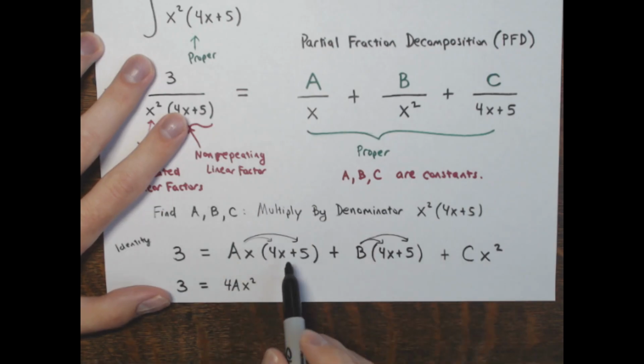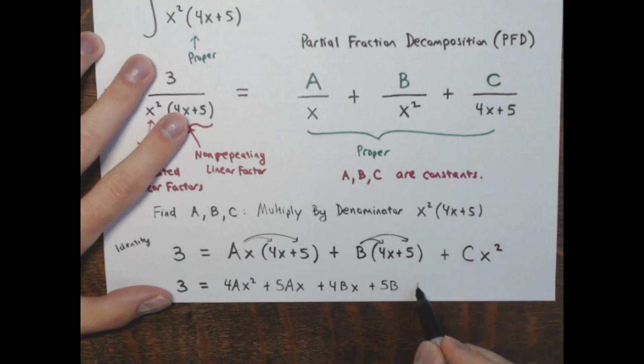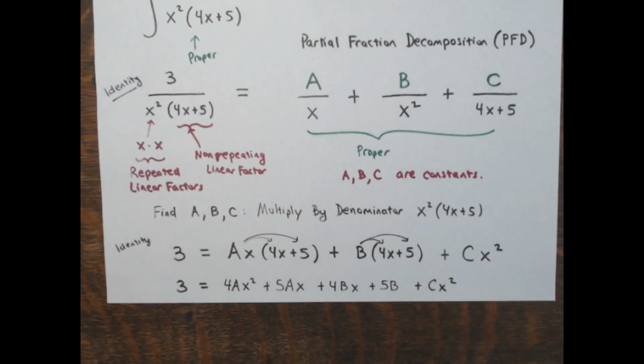We have 4ax squared plus 5ax to the first. And then here distributing the b, you get plus 4b times x, and then plus 5b, and that would just be a constant, right? There's no x there. And then this last term is an x squared term.